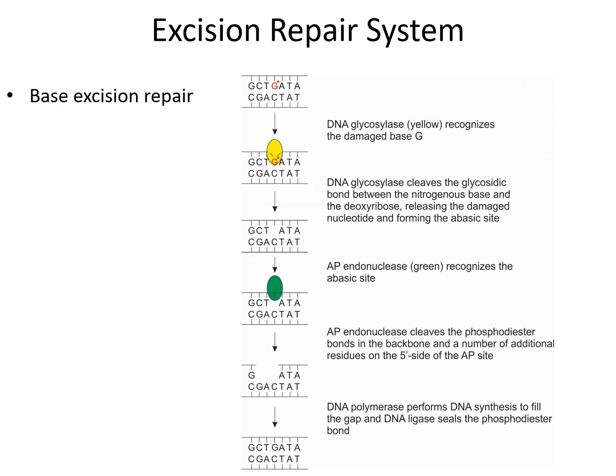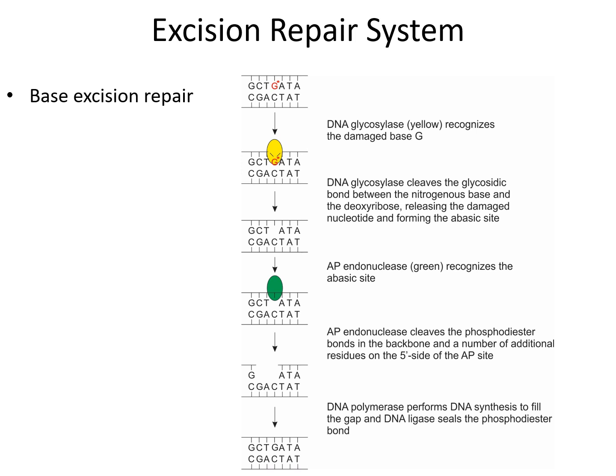For single nucleotide base excision repair, we have this excision repair system. In this system, we have DNA glycosylase that can recognize the damaged base. The DNA glycosylase cleaves the glycosidic bond between the nitrogenous base and the deoxyribose, and releases the damaged base, forming the AP site.